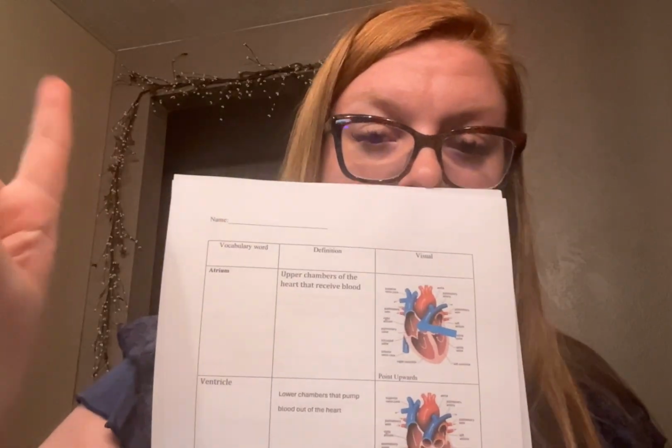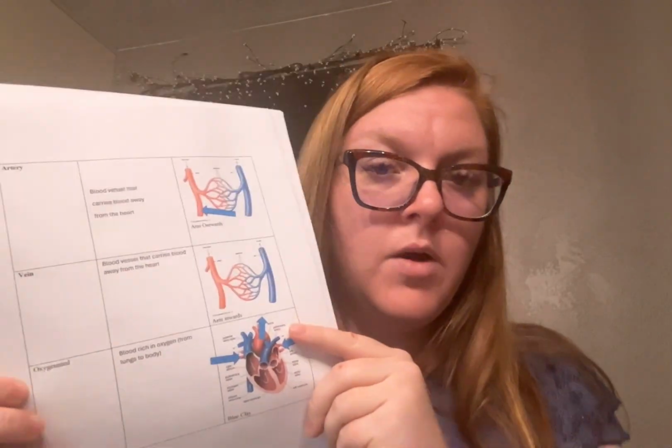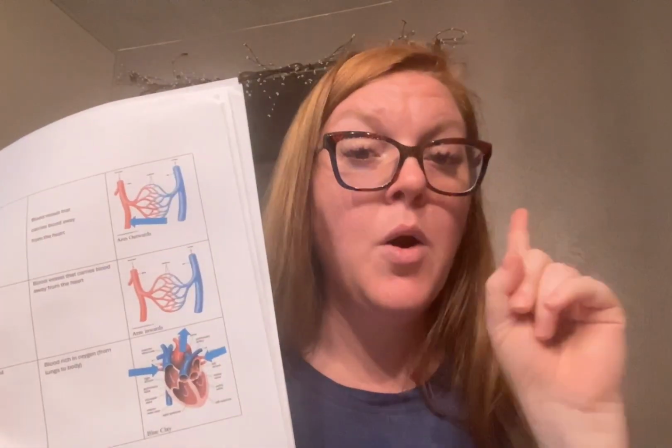We're going to point upwards, ventricle downwards. When I say valve, we're going to make a door motion. When I say artery, which we already did, away, vein towards. When we're talking about oxygenated blood, red clay we're going to point to. Deoxygenated blood is blue clay.